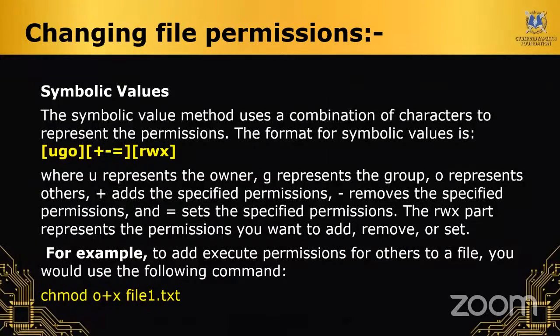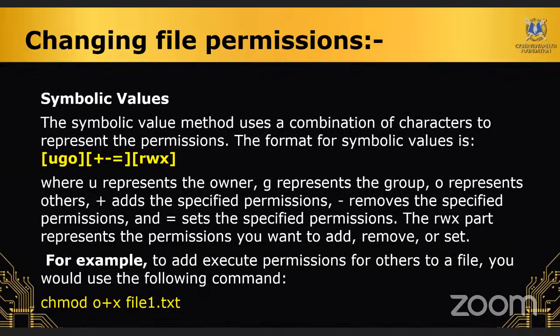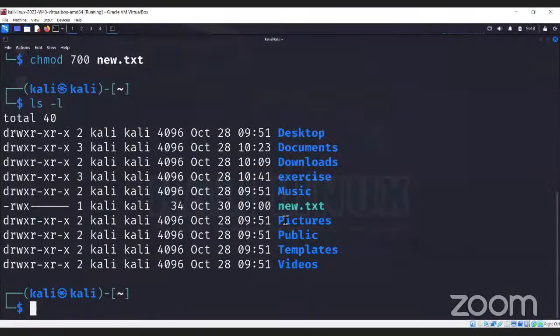Let's try to change permissions by using symbolic value. As you can see, initially the new.txt file has read, write, and execute permissions for owner only. Let's give read permissions for group also.